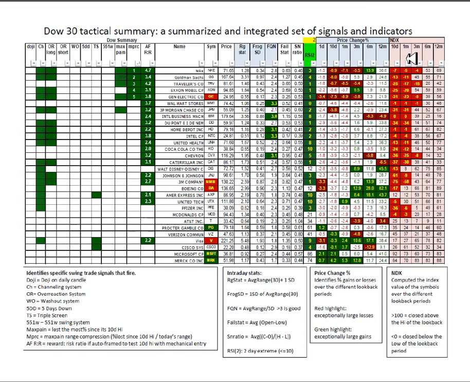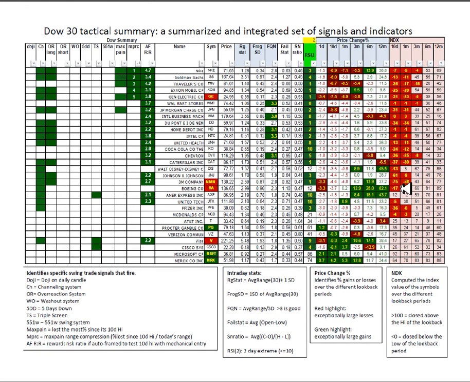So what we want to do now is examine what the NDX means, how it's computed, and what these specific numbers mean, and why we care about them. But what I want you to notice is that some of them are bigger than others. For instance, we're going to look at 3M, and we're going to pull over to the 10-day NDX.